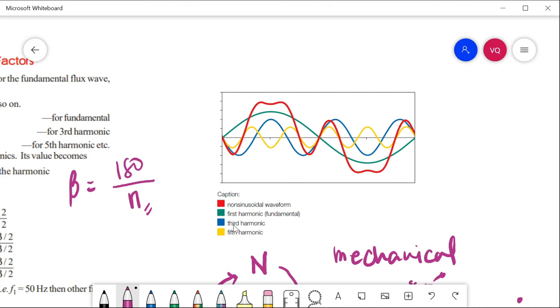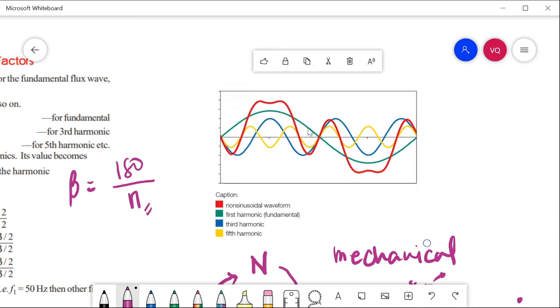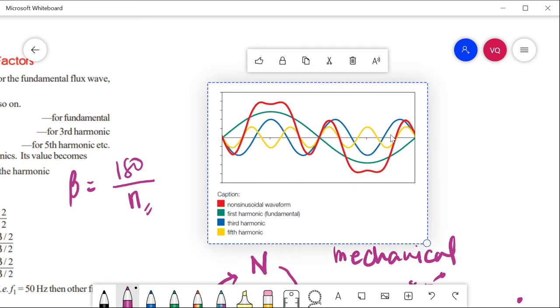Third harmonic, blue, we have this one, 1, 2, 3. Yung fifth harmonic naman, 1, 2, 3, 4, 5. Five yung complete sine waves. Yung third harmonic naman, 3 yung complete sine waves. Okay?